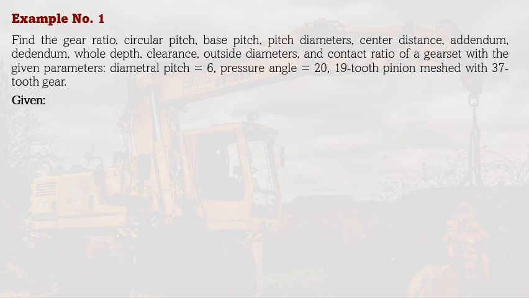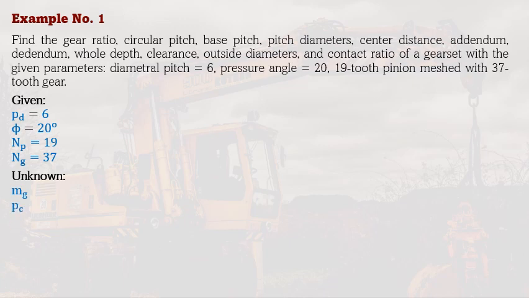With the given parameters, we have a diametral pitch of 6, a pressure angle of 20, and a 19 tooth pinion meshing with a 37 tooth gear. So we are given the diametral pitch, the pressure angle, the number of teeth on the pinion, and the number of teeth on the gear. And we are looking for the gear ratio denoted by mg.